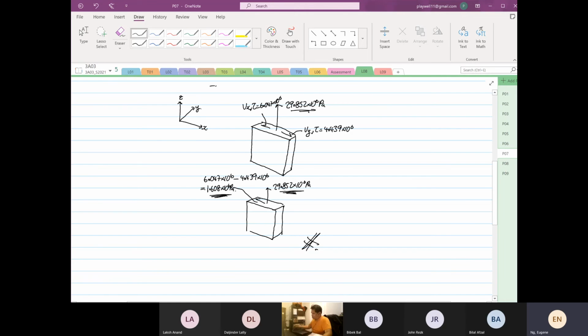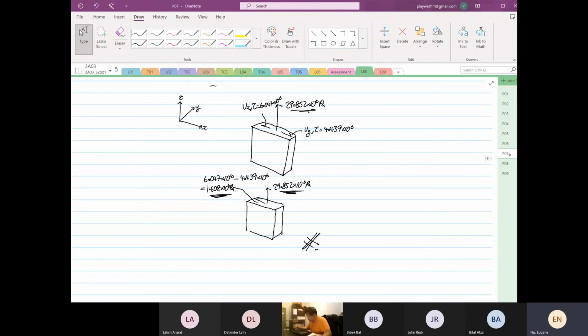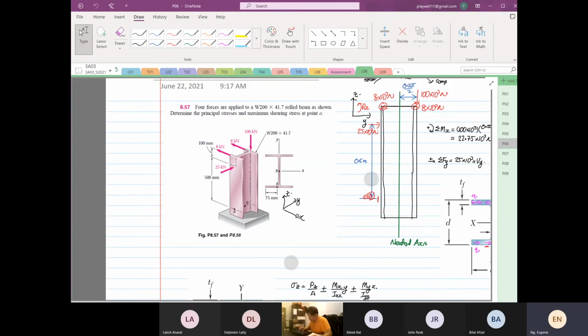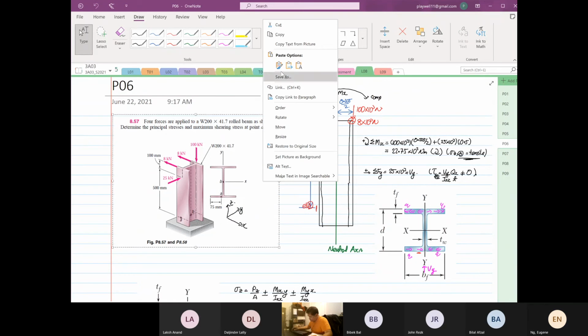At the end of the day, we have to select material for a structure that has been loaded like this. So we were dealing with an example over here. I'm going to copy this example.